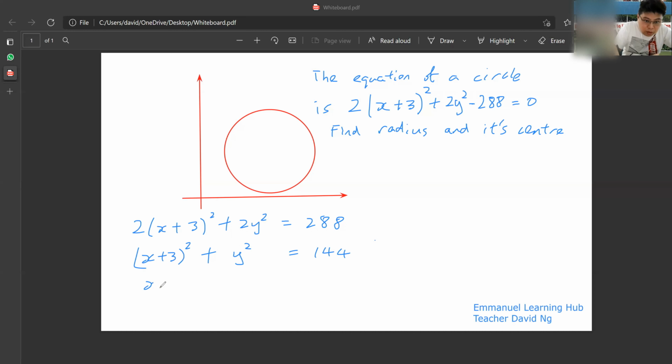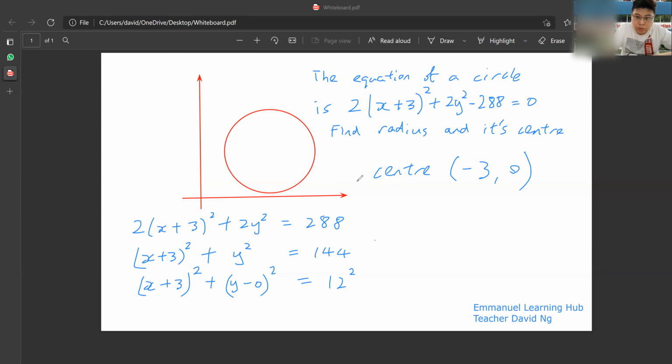So this one will become, right? Can you see? So the center will be minus 3, 0. This drawing is not for this question, by the way. Okay. So the center is minus 3, 0.